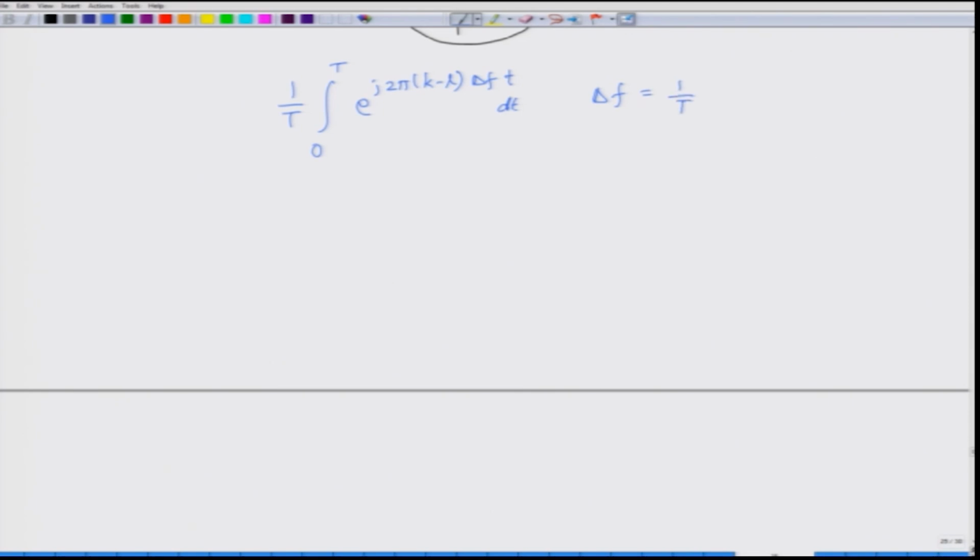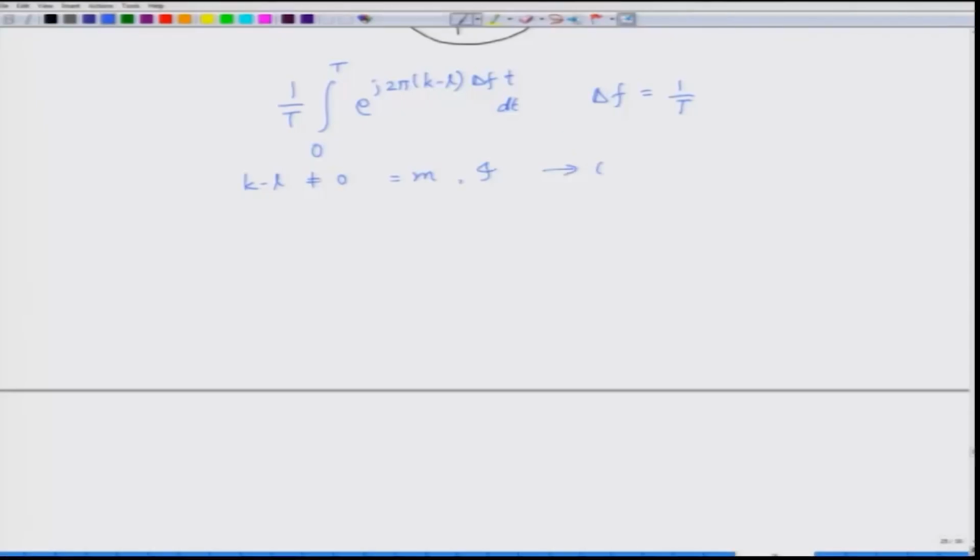If you take delta f equal to 1 by T and then consider k minus l not equal to 0, and rather equal to m, where m is some integer, then this would be an integration of a sinusoidal signal which has m cycles inside one period. Because a sinusoidal signal having m cycles within one period integrates out to 0, when k is not equal to l, this result will be equal to 0. So, clearly you can recover what x_l is.